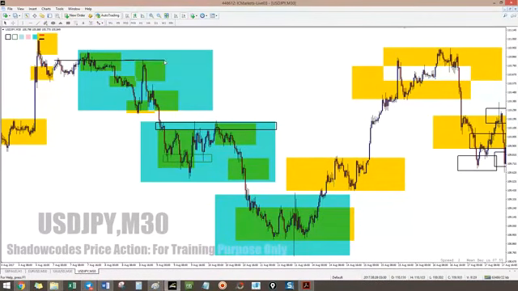For example, you sell here. And then you have your take profit 1, and then take profit 2, and then where is your maximum take profit?